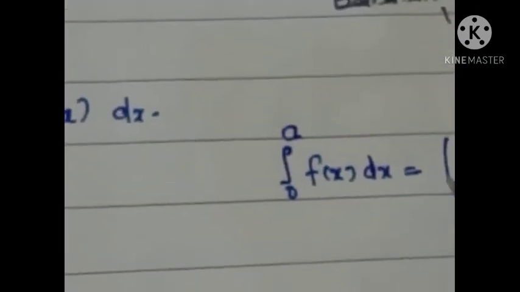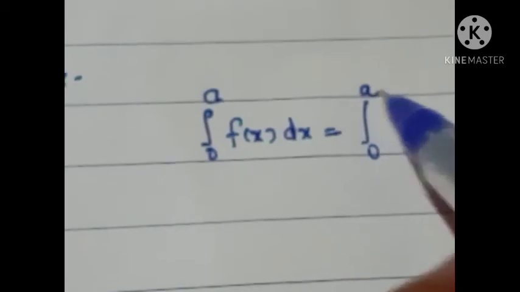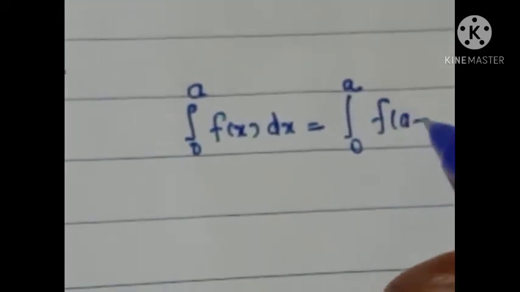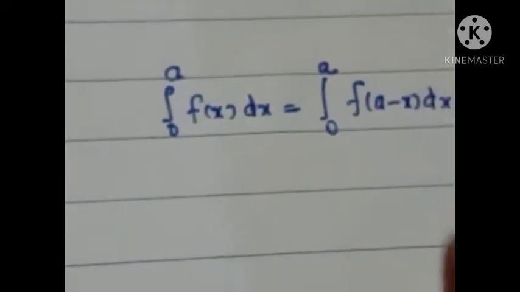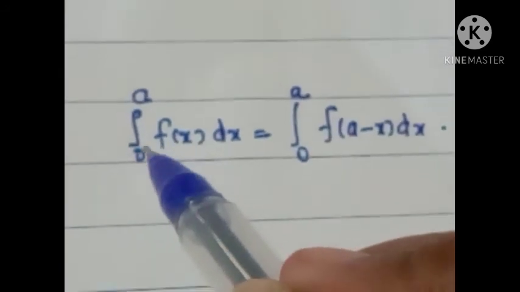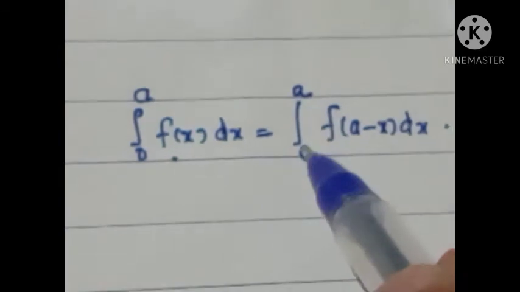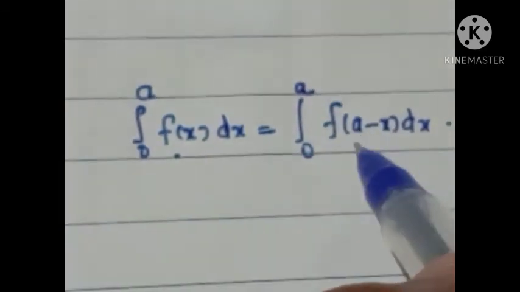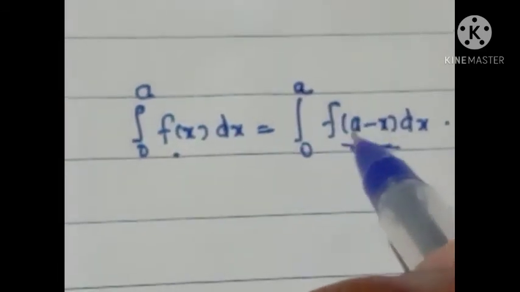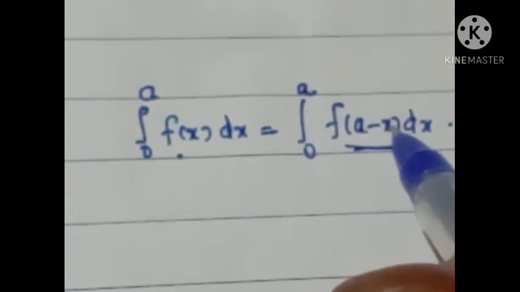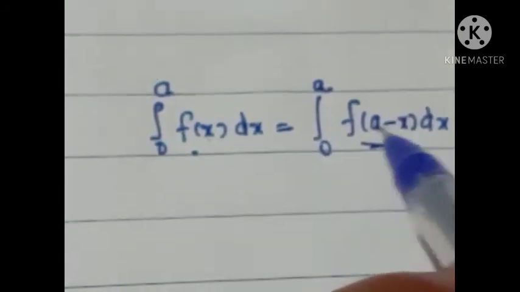We are going to apply the property. Listen, the property: integral from 0 to a f of x dx is equal to integral from 0 to a f of a minus x dx. Okay, listen, this one: f of upper limit minus the variable, a minus x.